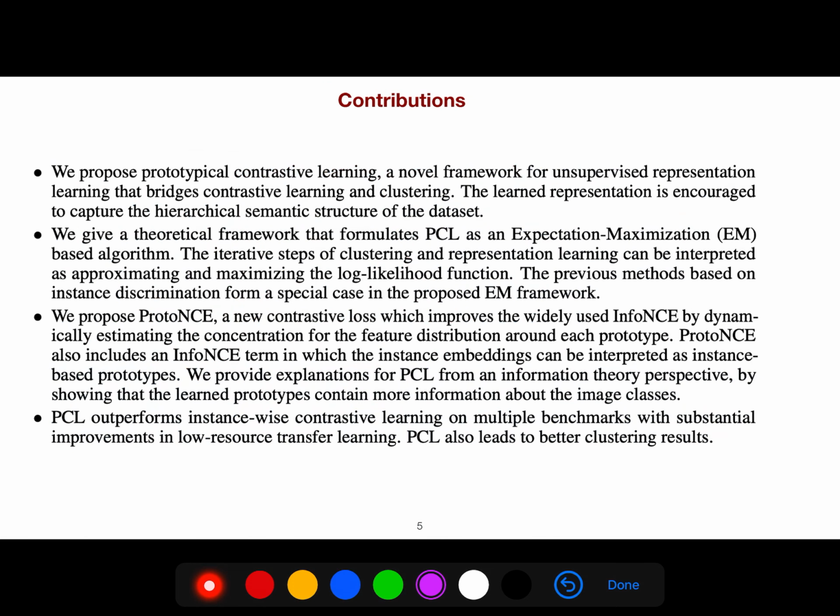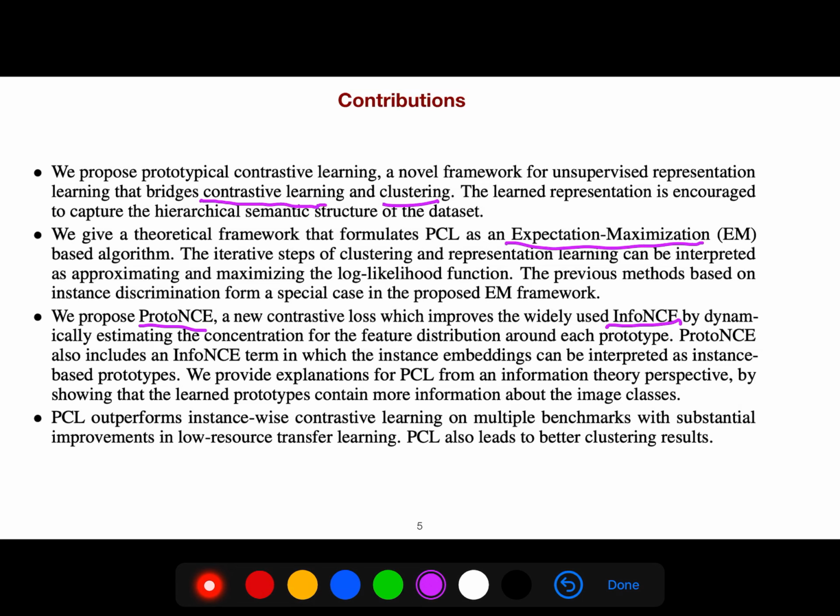So they propose prototypical contrastive learning, a novel unsupervised representation method that bridges contrastive learning and clustering. They give a theoretical framework that uses expectation maximization. And they propose ProtoNCE, a new contrastive loss which improves the widely used InfoNCE by dynamically estimating the concentration for the feature distribution around each prototype.